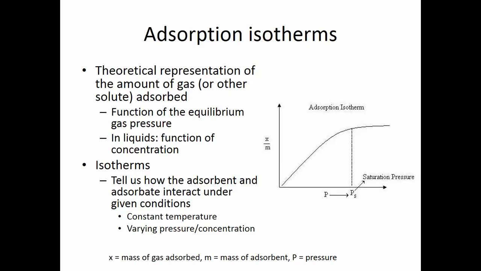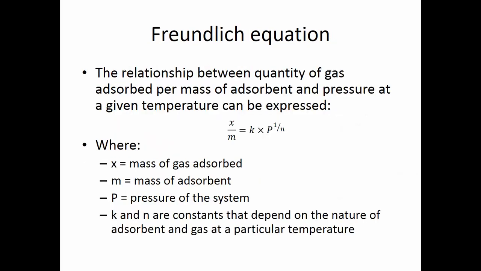For gases, it's a function of the equilibrium gas pressure. In liquids, it's a function of concentration. And isotherms tell us how the adsorbent and adsorbate, the adsorbate is the solute, interact under given conditions: constant temperature, varying pressure or concentration, depending on whether you're talking about a gas or an aqueous solute.